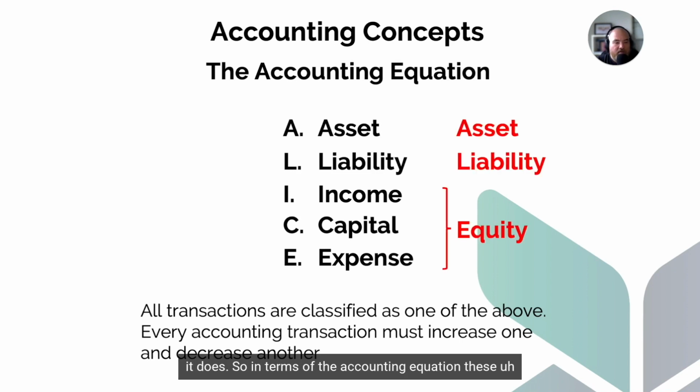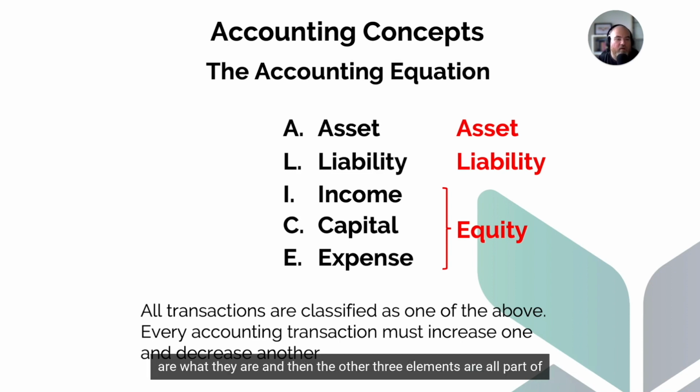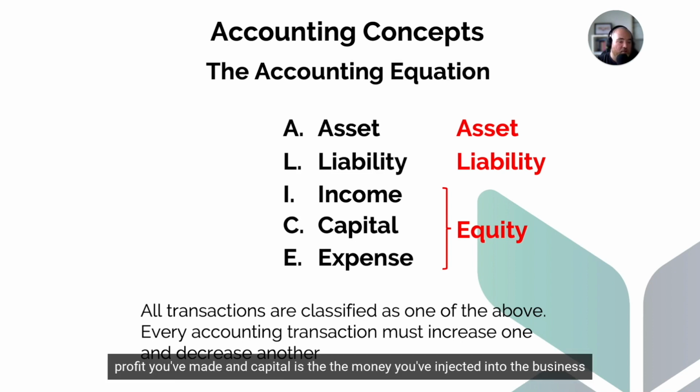In terms of the accounting equation, these transaction types are restated as one of those elements of the accounting equation. So assets and liabilities are what they are, and then the other 3 elements are all part of the equity calculation. So income minus expense is the profit you've made, and capital is the money you've injected into the business in the first place.